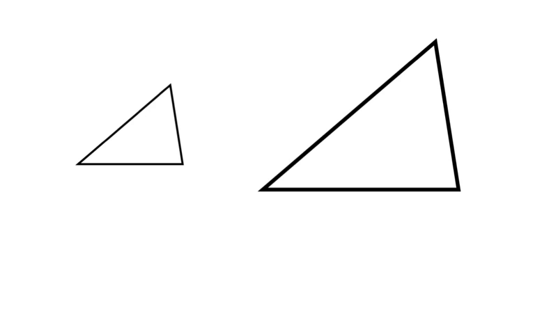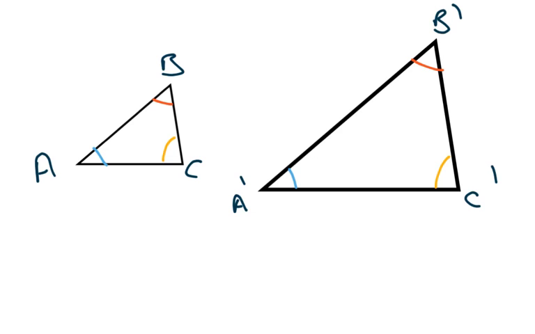The more mathematical definition would be that all of the angles are congruent. There we go, nice three congruent angles. And the corresponding sides are proportional. So if we call this A, B, C, let's call it A dash, B dash, C dash.